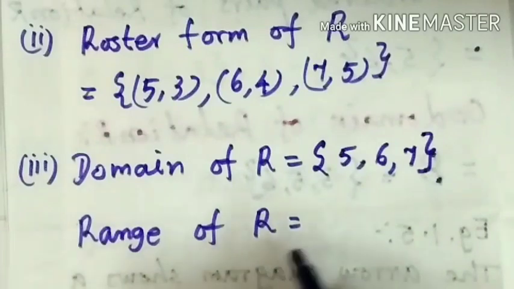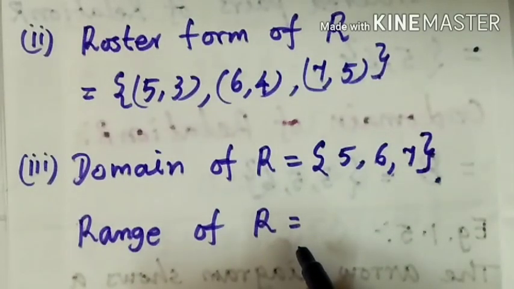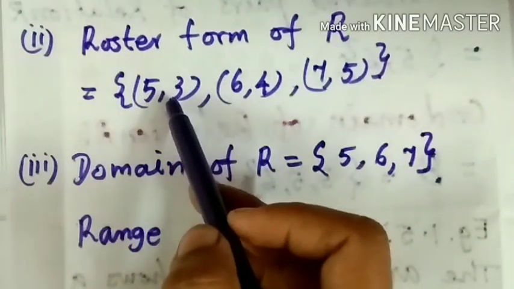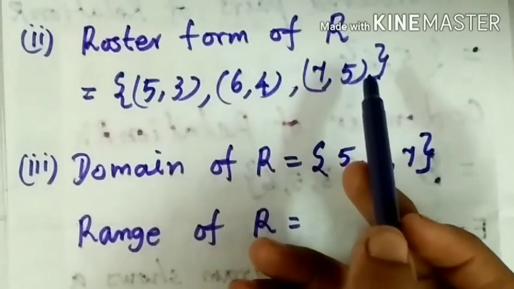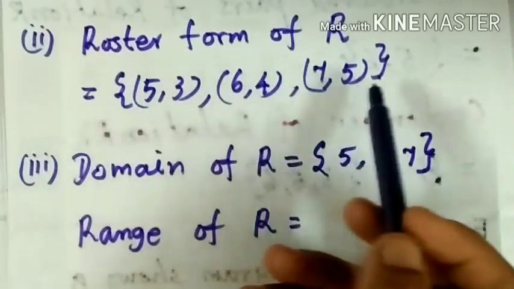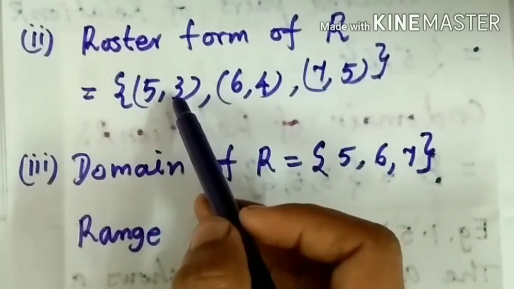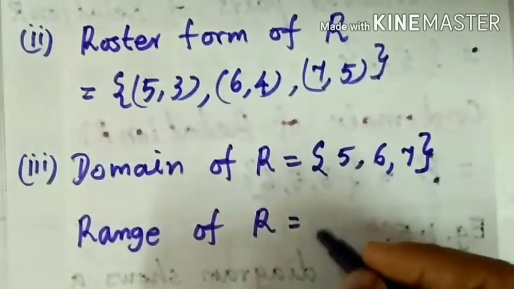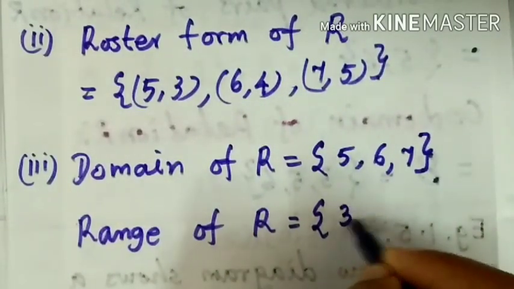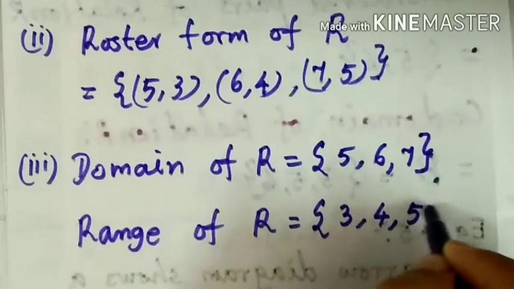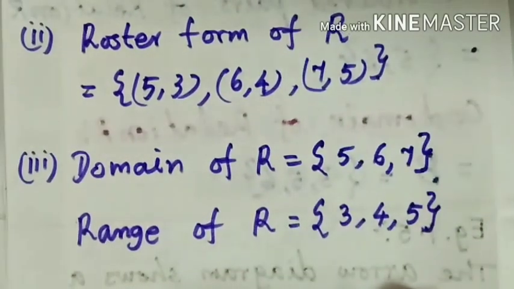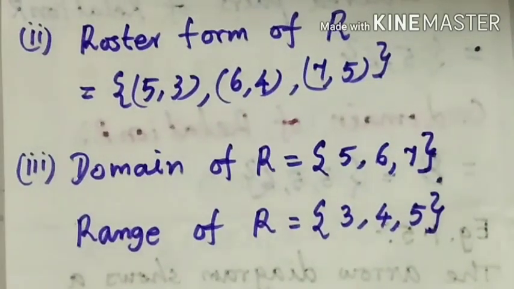The range of R is defined as the set of all second elements in the ordered pairs of relation R. Here the second elements are 3, 4, 5. In roster form, {3, 4, 5}. So this is the answer for the first example.